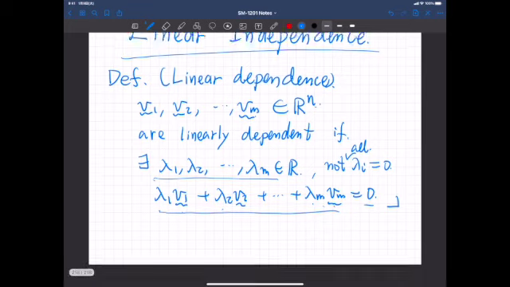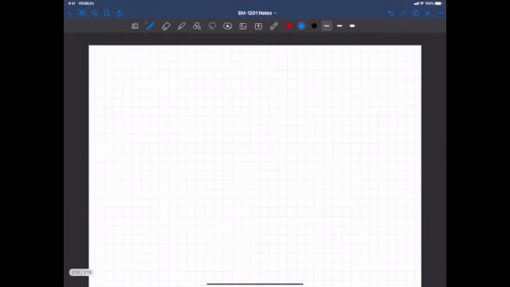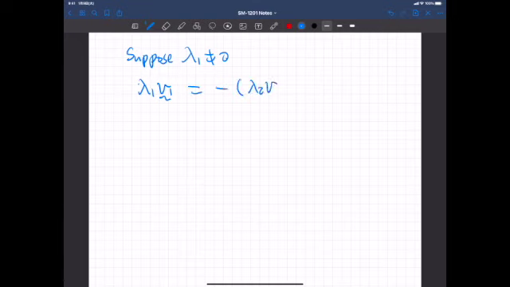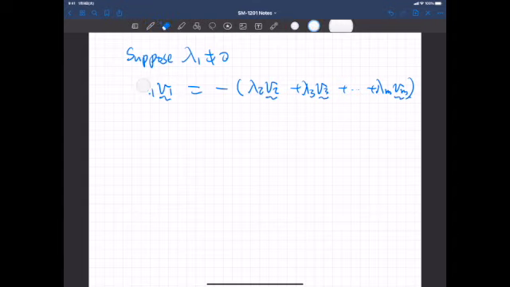Okay, so what does it mean? So, for example, suppose lambda 1 is not 0. Okay, so this means lambda 1 v1 is equal to negative lambda 2 v2 plus lambda 3 v3 and so on, lambda m vm. So since lambda 1 is not 0, we can divide both sides by lambda 1.